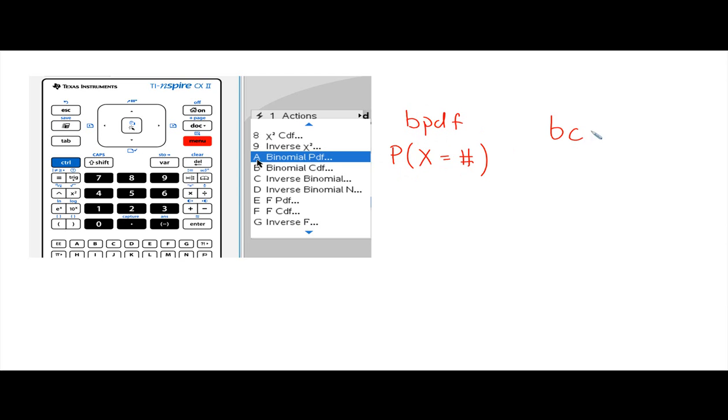You want to use binomial CDF anytime you have an inequality. For example, you're trying to calculate the probability x is greater than or equal to some number. You could have the equal, you could not, it doesn't really make a difference. But anytime you have any sort of inequality, you use binomial CDF.